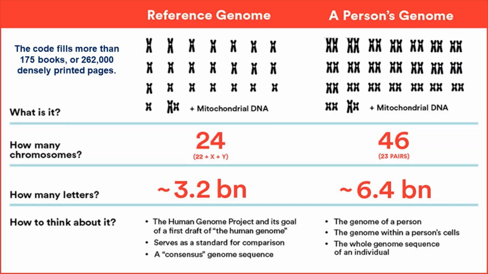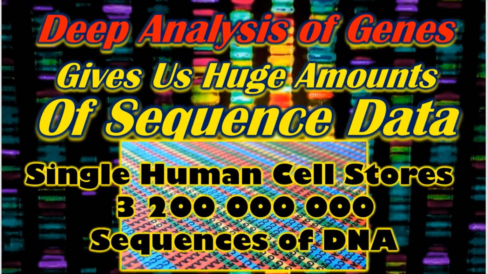If you want to write all the sequences of a human genome on paper, it runs to about 175 books, and about 2,62,000 pages. That is one cell and the genome present in one cell, that is about 3.2 billion sequences.